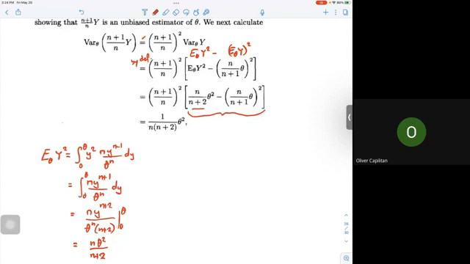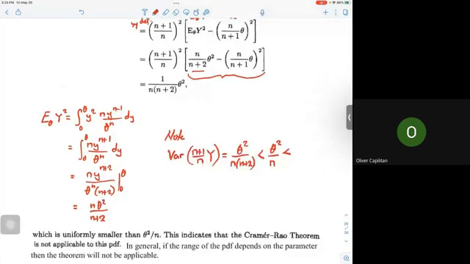This variance is less than this value, theta squared over n. But this theta squared over n is the variance bound for our unbiased estimator W indexed by our parameter theta. Take note that this is our Cramer-Rao lower bound.